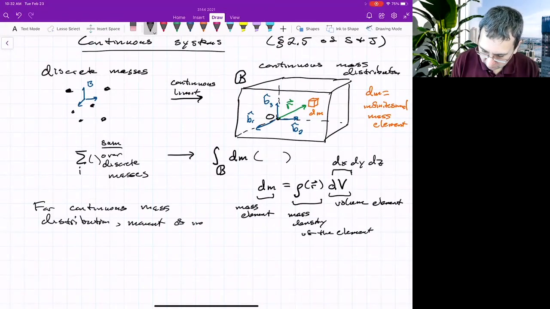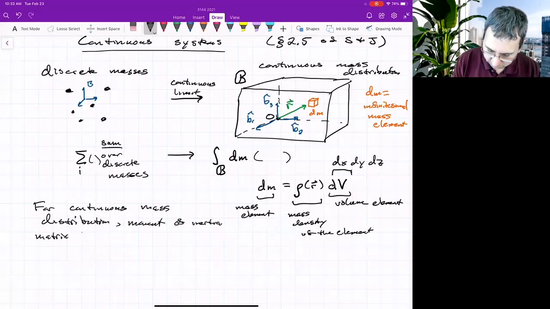So the moment of inertia matrix becomes an integral.